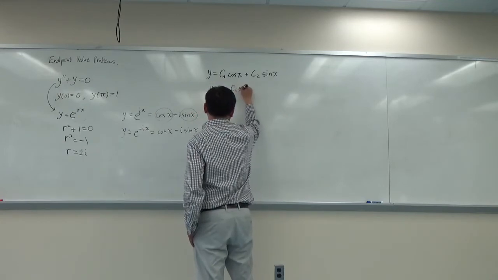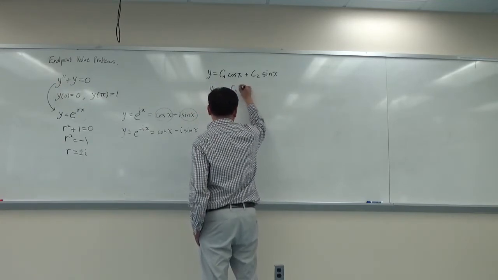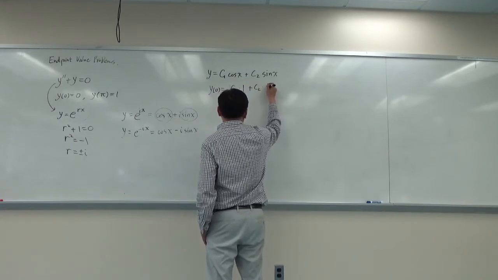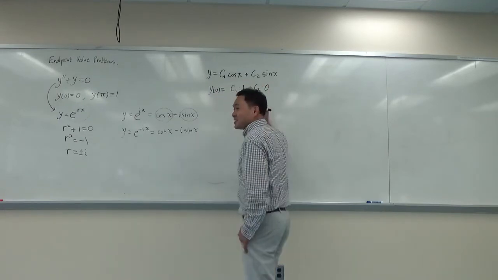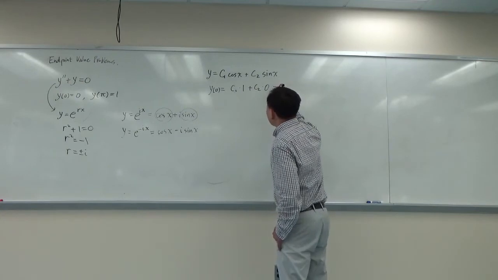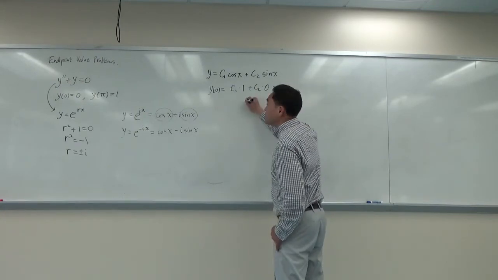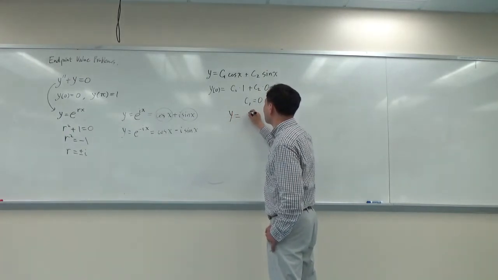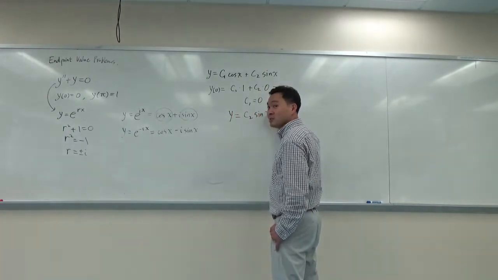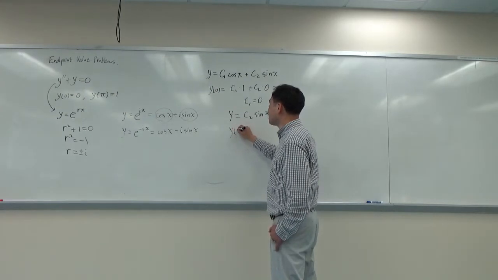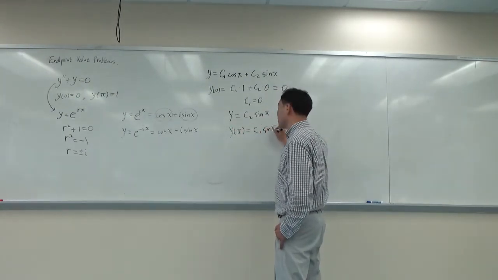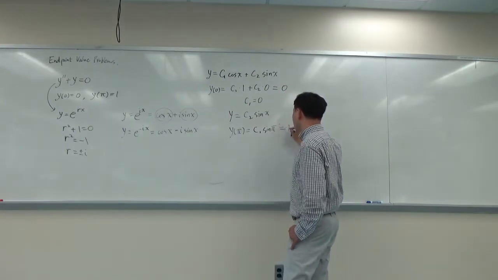That's c1 times cosine 0, which is 1, plus c2 times sine 0, which is 0. And this should equal 0, so c1 must be 0. So you just get y equals c2 sine x. But now what's y of pi?